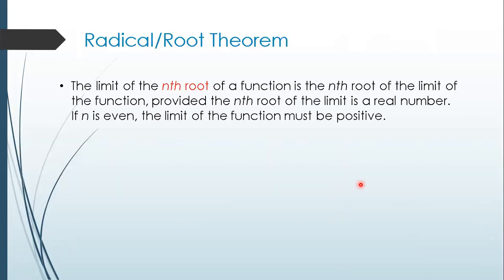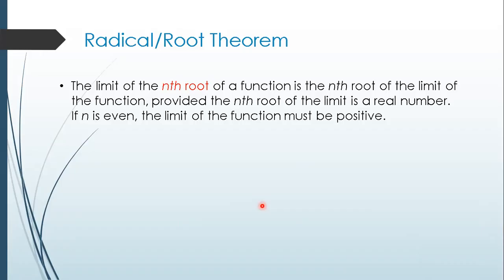Now we are here in the radical root theorem. The theorem states that the limit of the nth root of a function is the nth root of the limit of the function, provided the nth root of the limit is a real number. If n is even, the limit of the function must be positive.